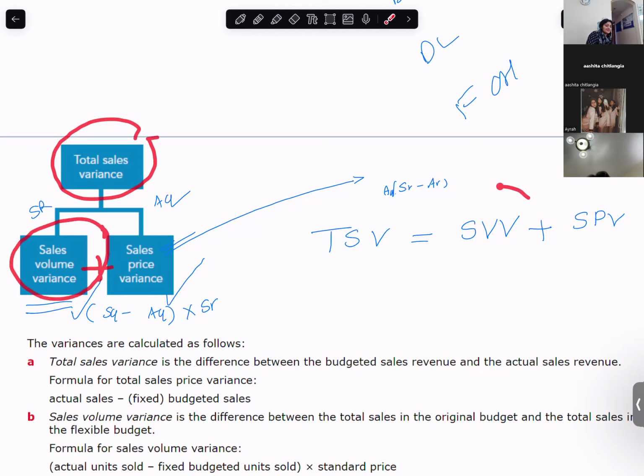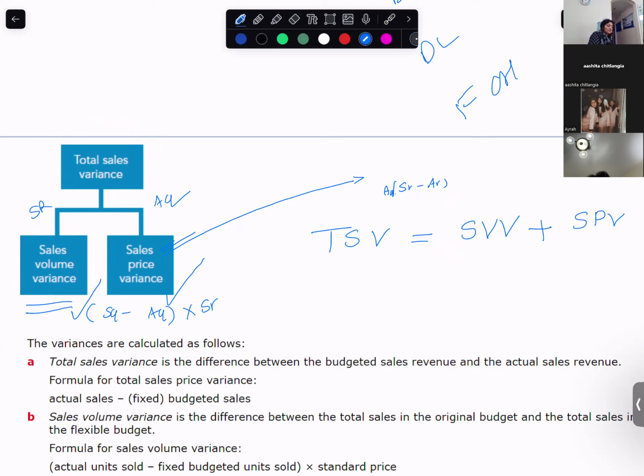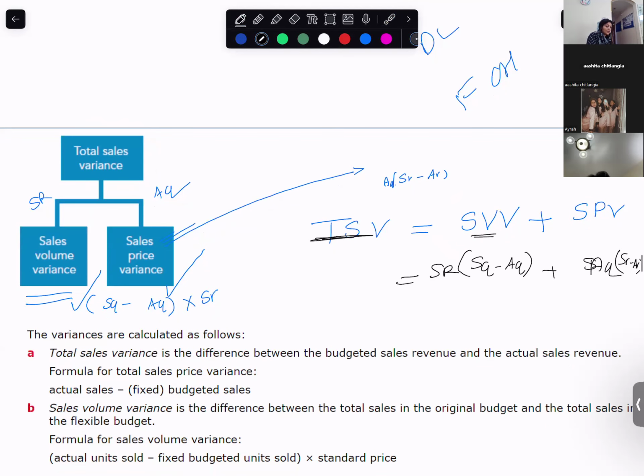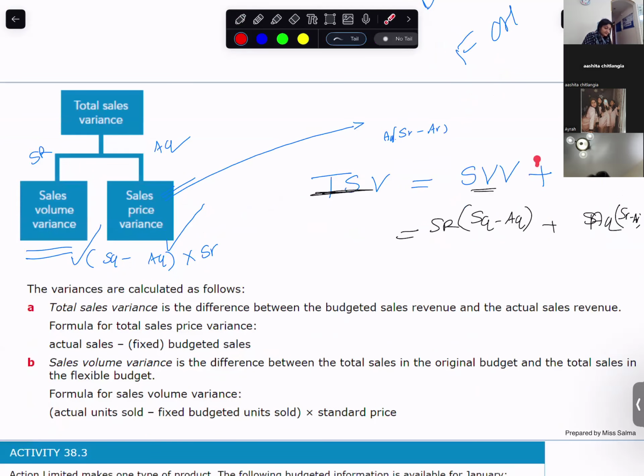Sales volume variance is standard quantity minus actual quantity. Sales price variance is standard rate minus actual rate. Total sales variance is a summation of what? Sales volume variance plus sales price variance.